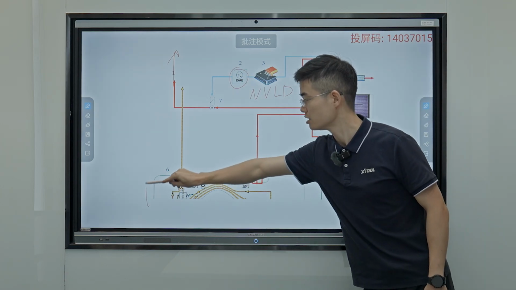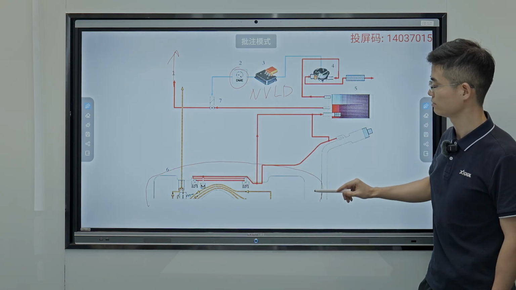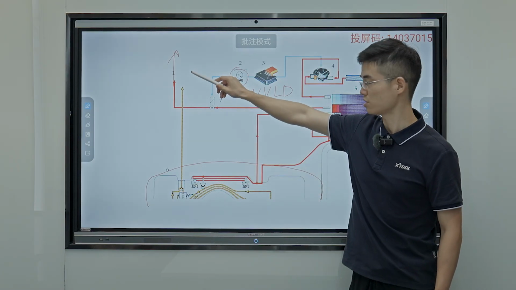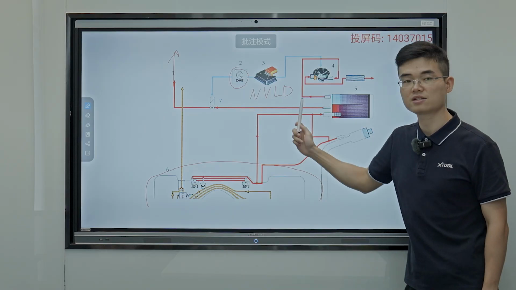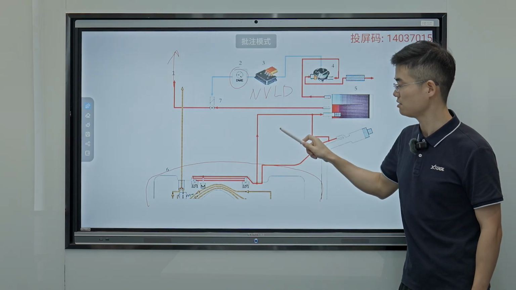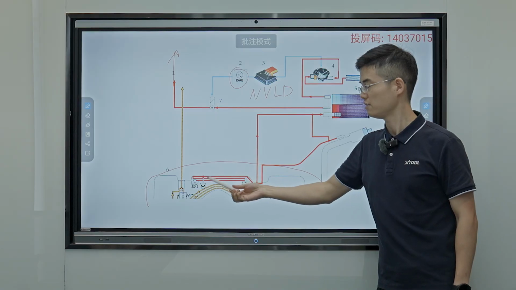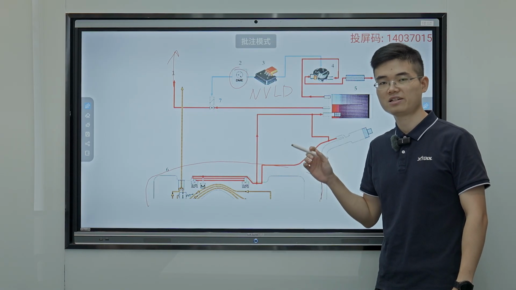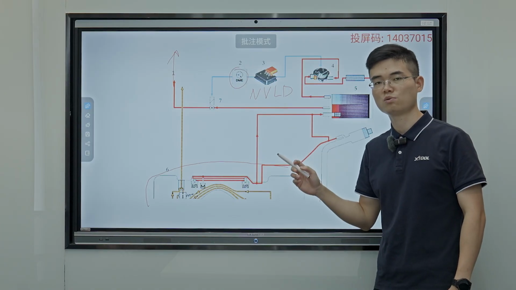And this is the fuel tank. It can transmit fuel directly to the motor. And those red lines mean the pipeline for evaporation.